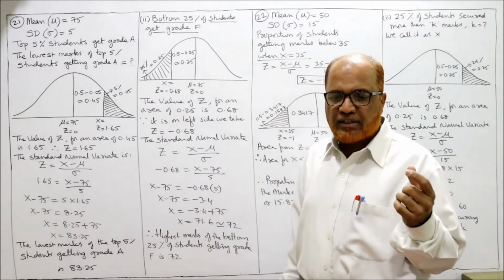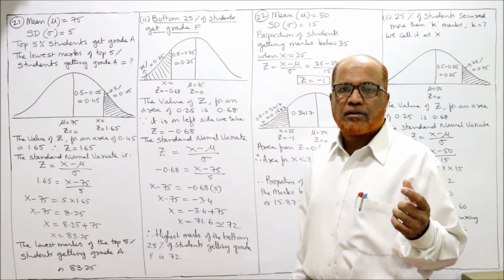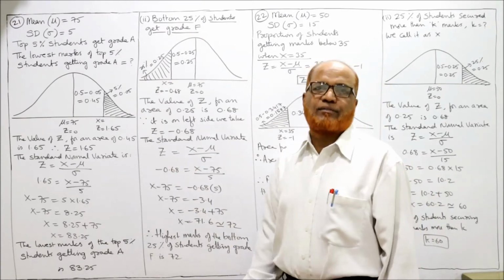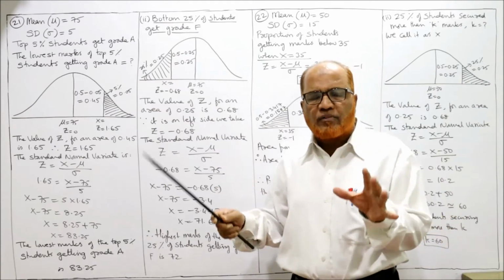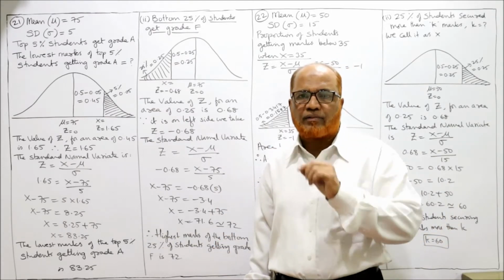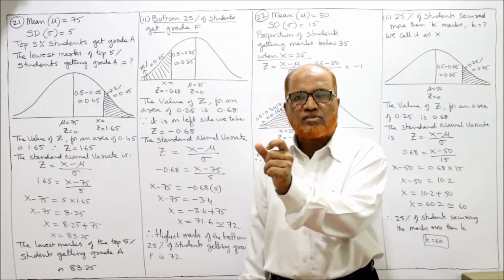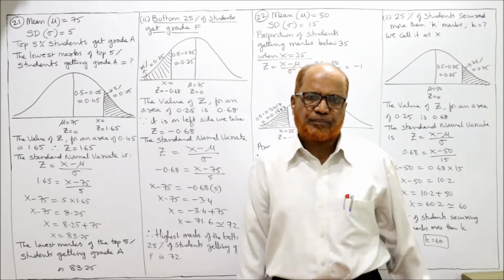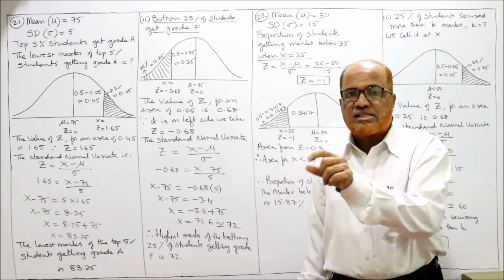Now we have to refer to the area table. In the body of that area table, you search for 0.45. Many area values are given. You will not get exactly 0.45 because four digits are given, so you will get 0.4505.